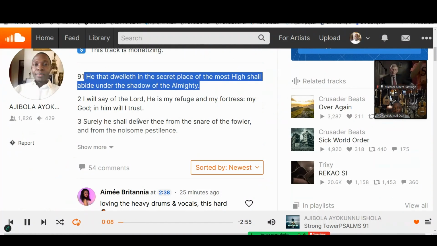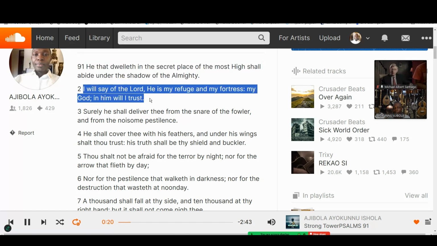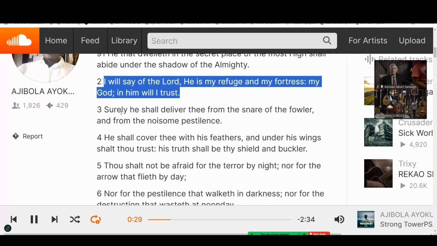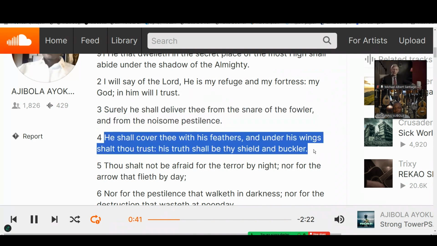He that dwelleth in the secret place of the Most High shall abide under the shadow of the Almighty. I will say of the Lord, He is my refuge and my fortress. My God, in Him will I trust. Surely He shall deliver thee from the snare of the fowler, and from the noisome pestilence.